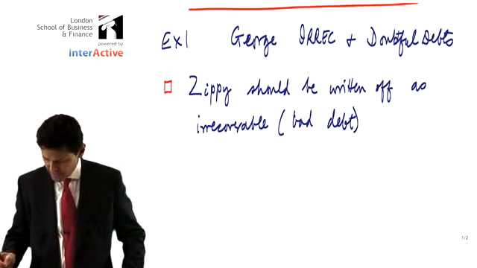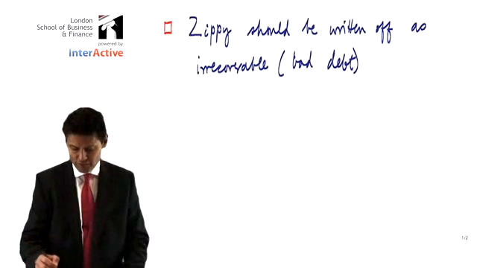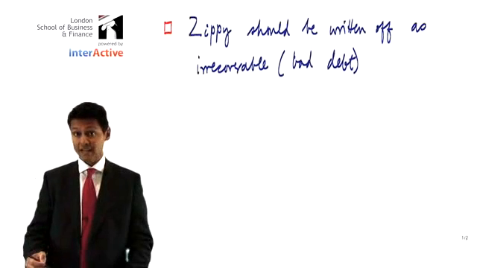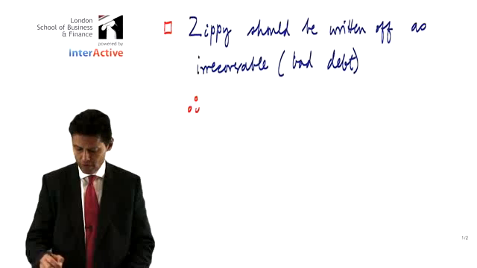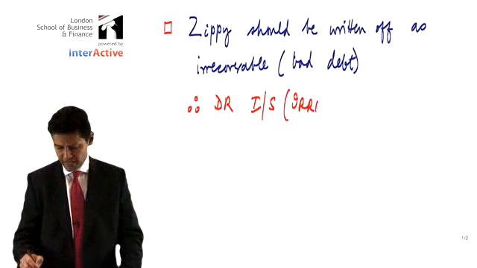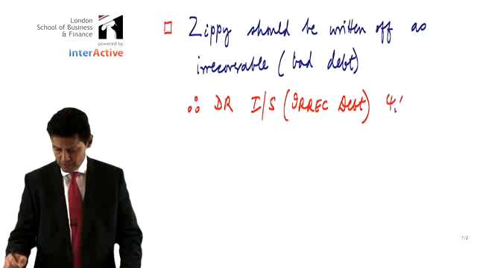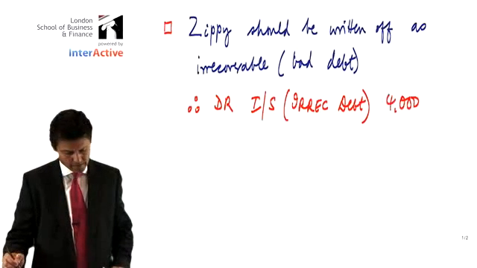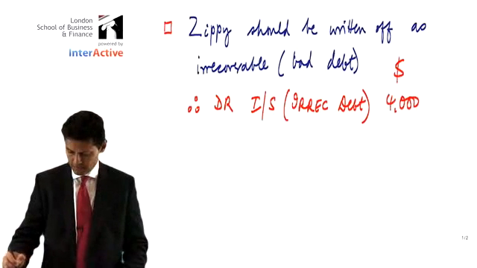So how to convert that idea into a journal entry? Debits and credits, the language of accountancy. We're going to therefore debit the income statement with the irrecoverable debt, 4,000. Yes, 4,000, where these are dollars.